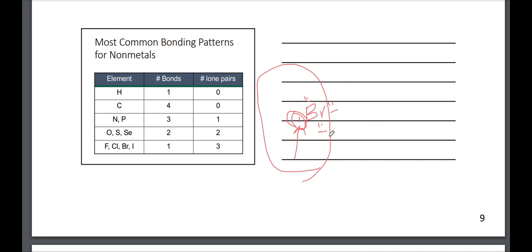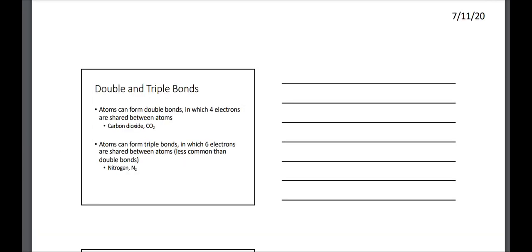So bromine will form only 1 bond, and there are 6 other electrons that are non-paired. Now we can either say 6 electrons or 3 pairs, and 3 pairs obviously means 6. So 2 pairs for oxygen actually means 4 non-bonding electrons, and for nitrogen and phosphorus there are 2 non-bonding electrons, but we refer to them as pairs.